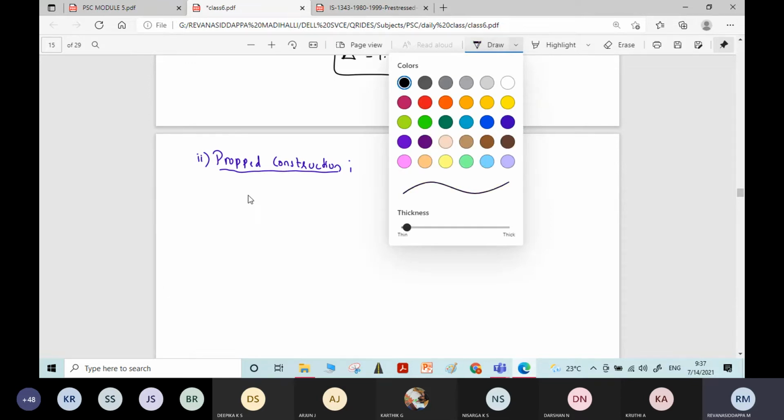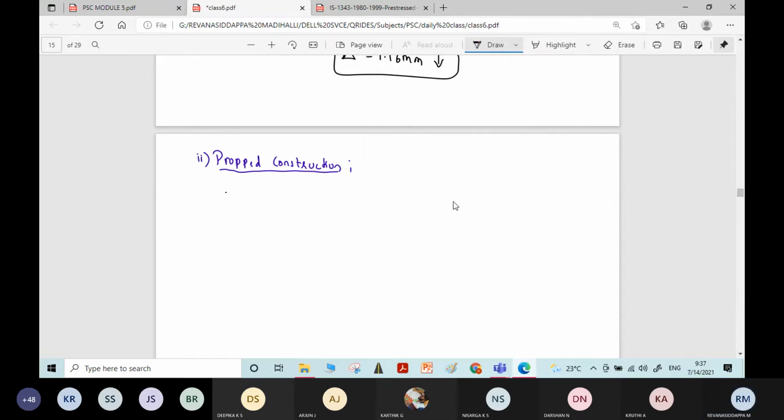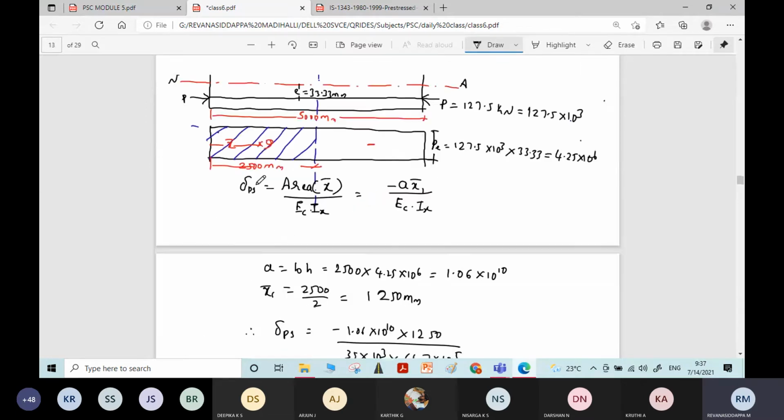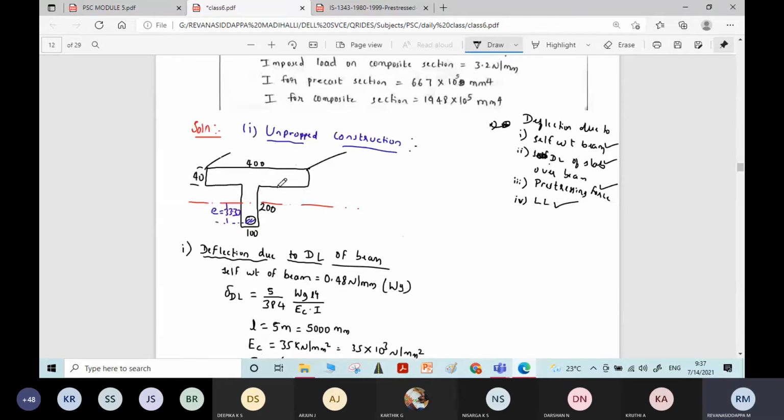See, for the propped construction, as I said in the previous class, this slab and beam will act as a whole. It will act as a monolithic section.